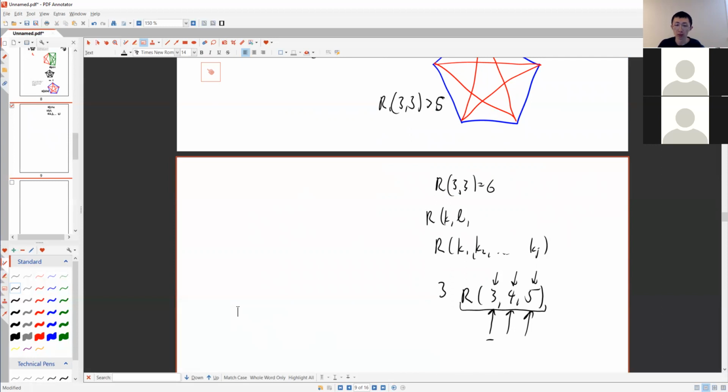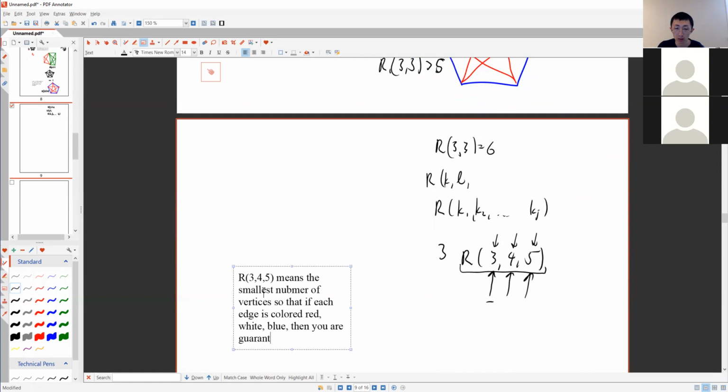So I should write that down. R345 means the smallest number of vertices so that if each edge is colored red, white, or blue, then you are guaranteed to have a white K3 or a red K4 or a blue K5.